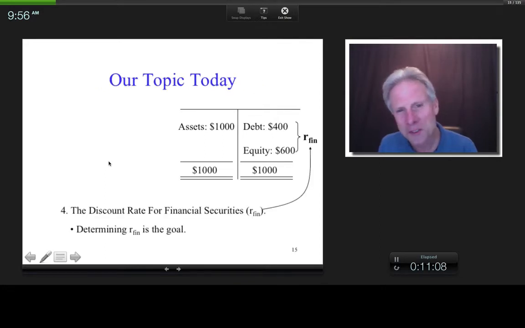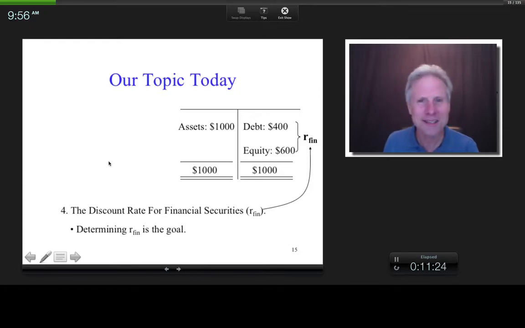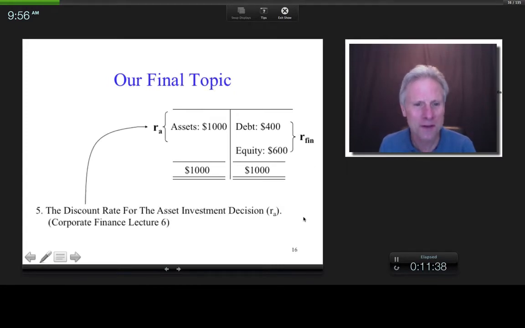So what we're going to get into today is, well, what should that discount rate be for financial securities? And as we get into that today, it's going to look like sort of an investments class, and it would be very easy to go off on that tangent of investments. But the sole reason that we're doing the discount rate for financial securities really relates to our final topic, and that is the discount rate for the asset investment decision.